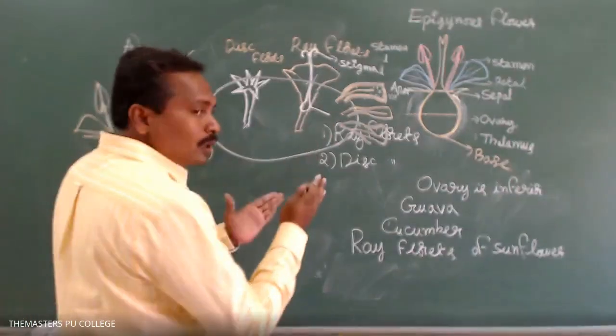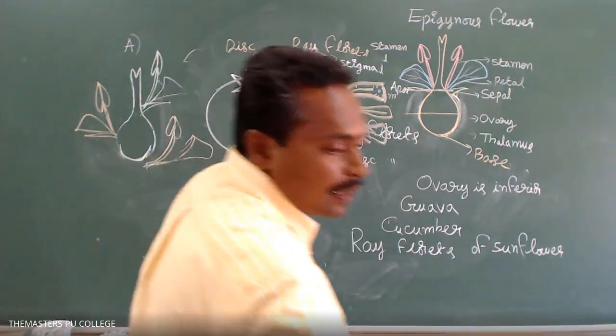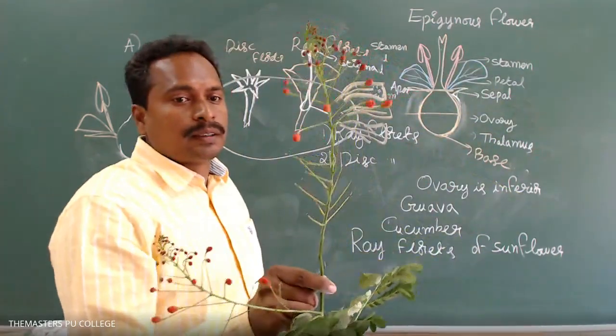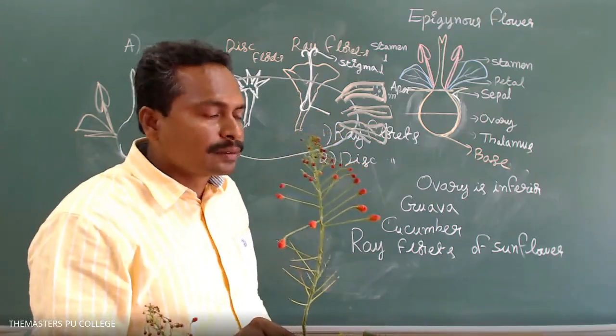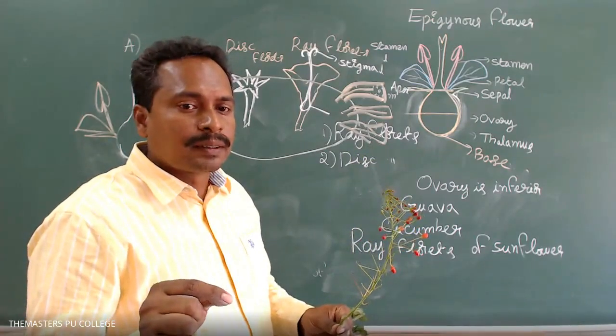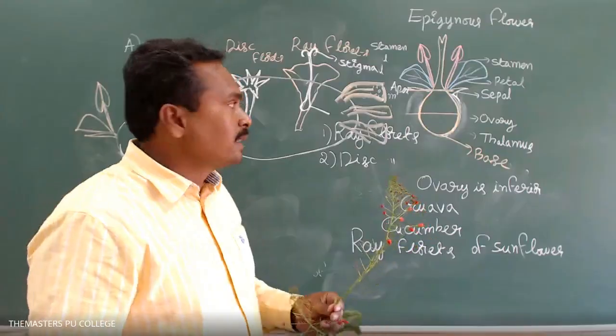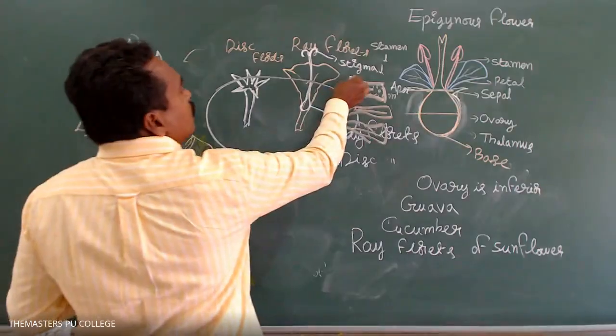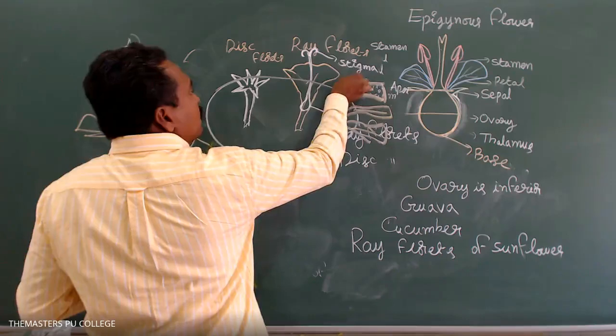So the peduncle is highly reduced. Is it racemose inflorescence in ray florets of sunflower? What kind of arrangement of the inflorescence flowers is it? From the periphery towards the center.